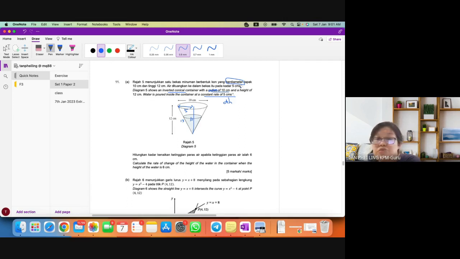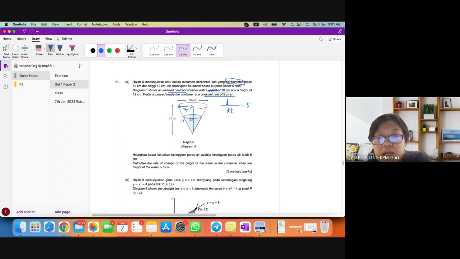Let's say that you don't know whether it is d what, because here it only says cm. So no need to put it in first, meaning you just put it as d something over dt. You just know that this cm shall be a height or a radius. We are not sure, but what we are sure of is the dt, because it is per second. So we put 5 here first. Yeah, this is the first interpretation.